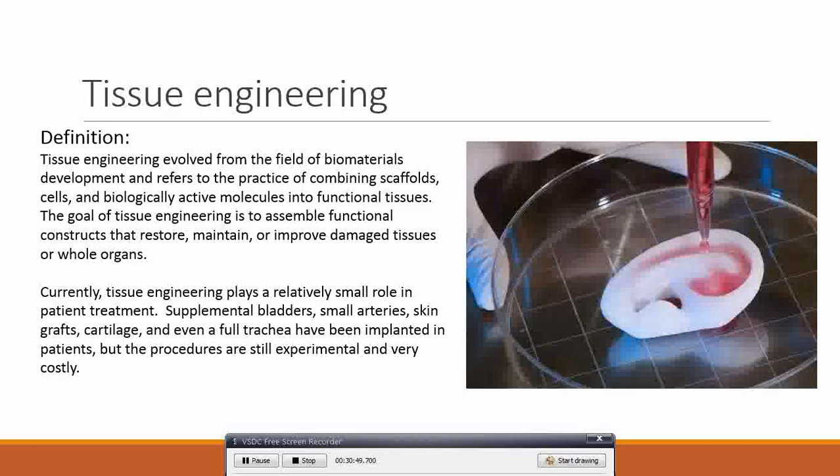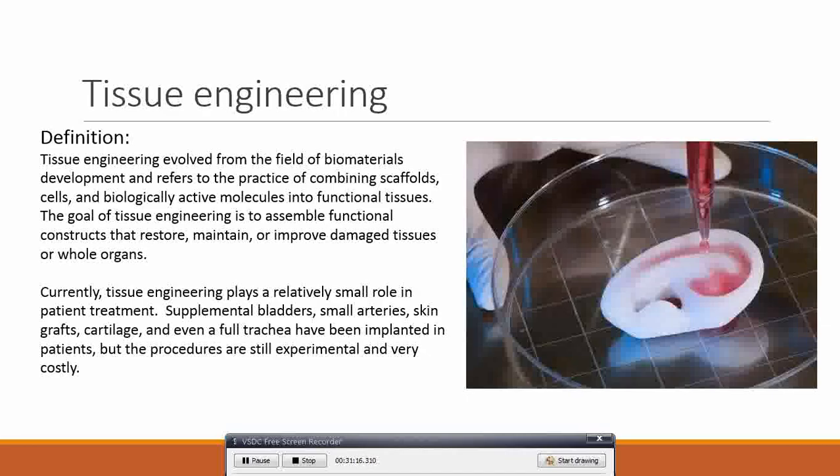Maknanya restore balik, ataupun maintain, ataupun improve the damage part. Kan ni orang lebih minat pada cosmetic surgeries yang tidak meninggalkan kesan-kesan, tak ada marks, baru buat pembedahan tapi tak nampak kesan pembedahan tu.